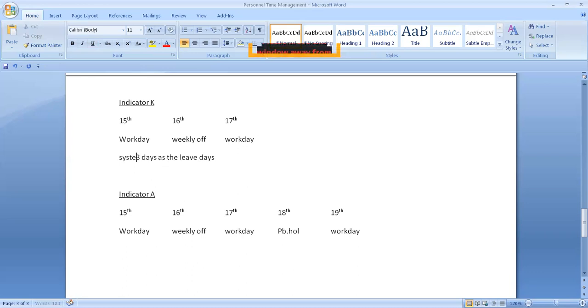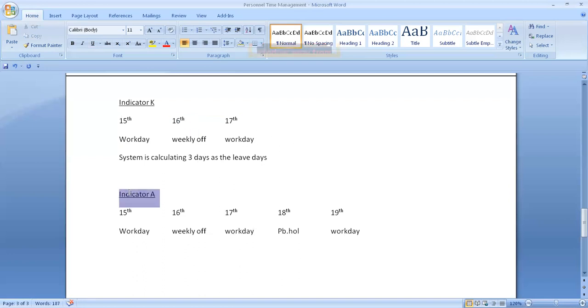It is calculating 3 days as leave days, because of the indicator K, one, two, 3. Even though the 16th is a weekly off, the system is still considering it as leave days.